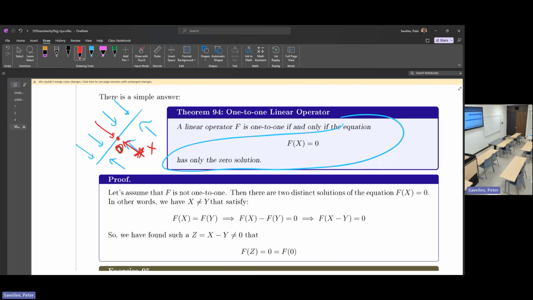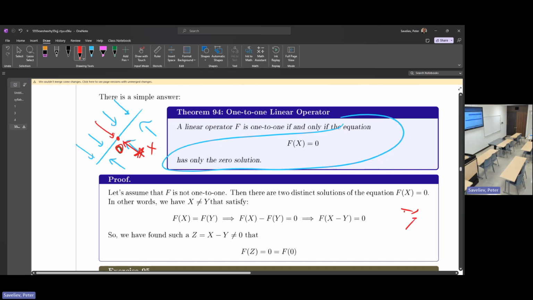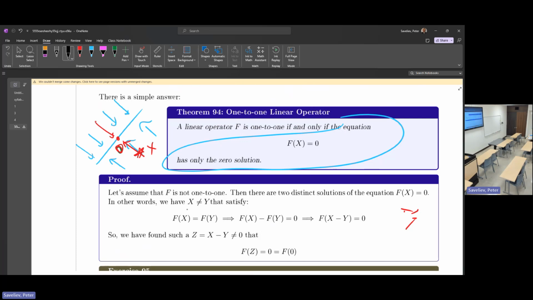On the other hand, it is not possible to have two numbers x and y going towards 0 rather than anything else like this. So if I have f of x equal to f of y for two x's and y's not equal to each other, then they're not necessarily zeros.